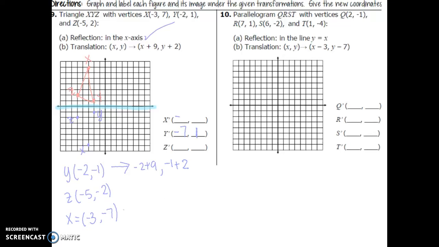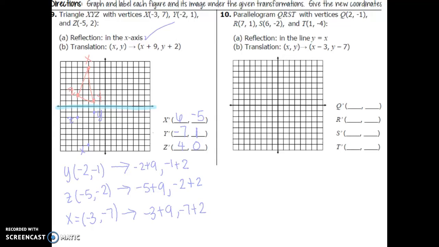For our x, negative 3, we add 9, so that would be 6. Then negative 7, adding 2, would be negative 5. And for z prime, negative 5 plus 9 would give us a positive 4, and negative 2 plus 2 would be 0.